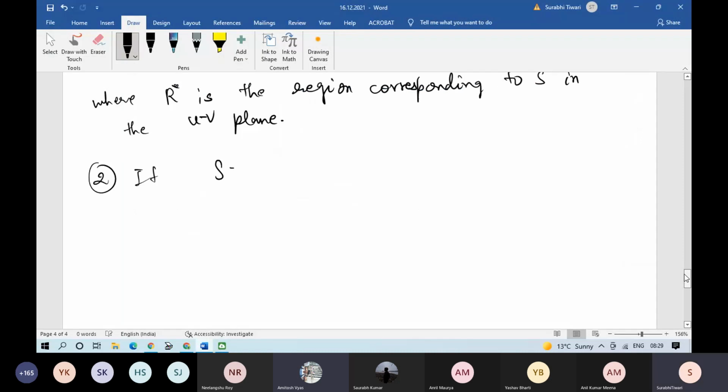if the surface is represented by the equation of the type z is equal to a function of x and y, then how do you calculate the surface integral?